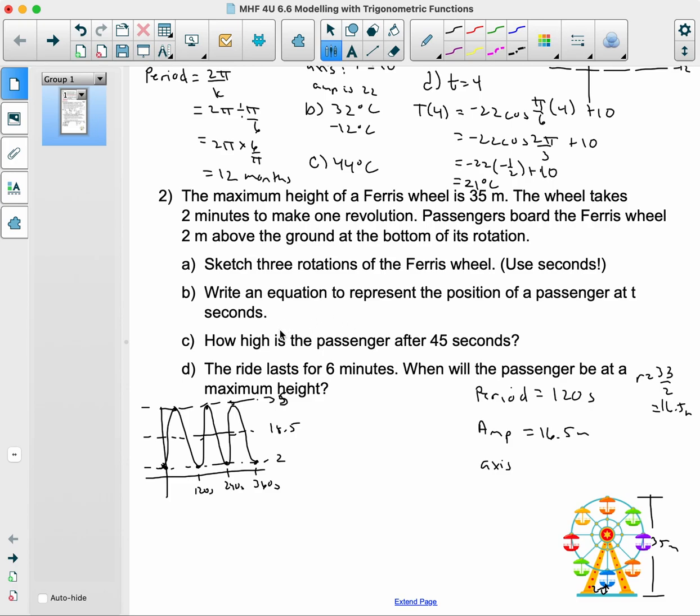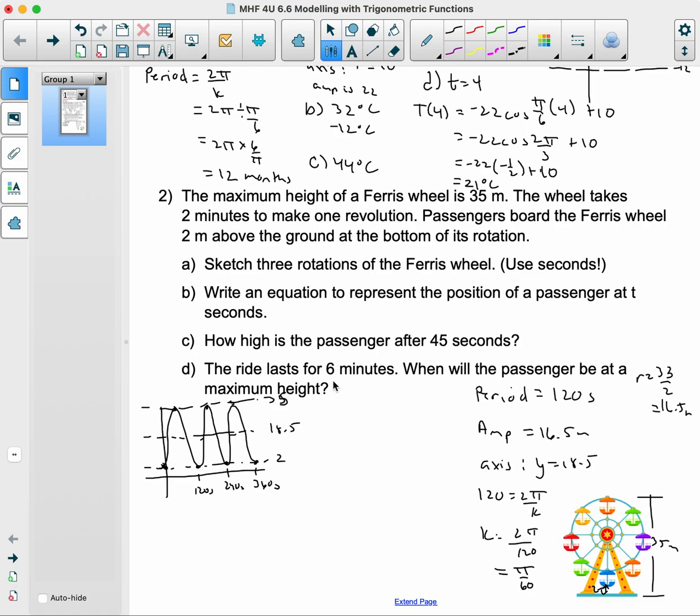Okay, so now we want to write an equation to represent the position of a passenger at t seconds. So the only thing we haven't yet figured out is our k value, right? Because we have no shift, and then we have a, and my axis was at y equals 18.5, so life is good. To get your k value, remember that your period equals 2 pi over k, so k equals 2 pi over 120, which is going to be pi over 60.